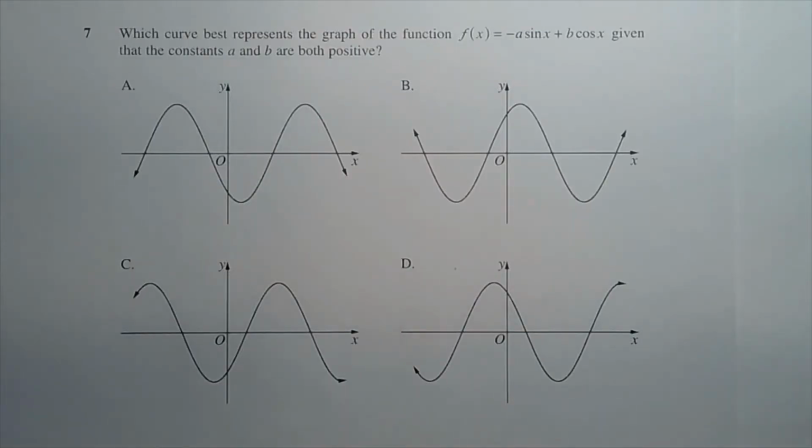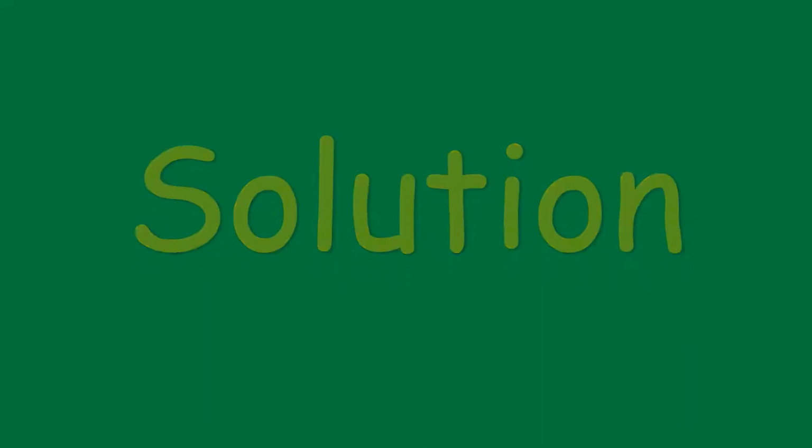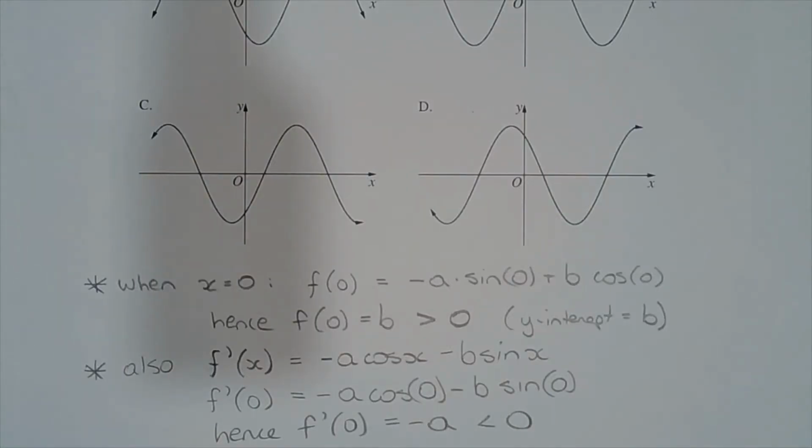Question 7. Which curve best represents the graph of the function f(x) equals negative a sin x plus b cos x, given that the constants a and b are both positive? The strategy here is to find the y-intercept and then consider the gradient of the tangent at that y-intercept.